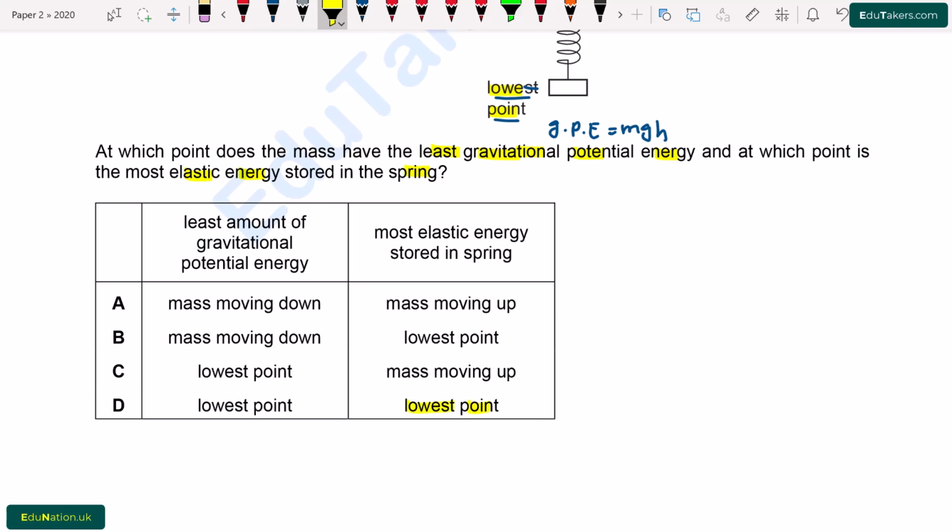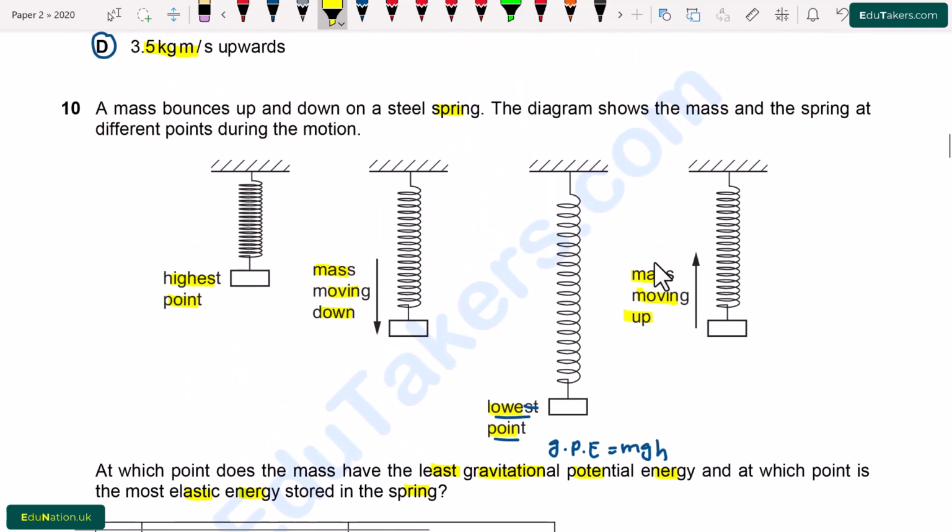Next we check the least amount of gravitational potential energy. If I suppose that the highest point is the mean position of this spring, then it is moving downward. This is the extreme position.